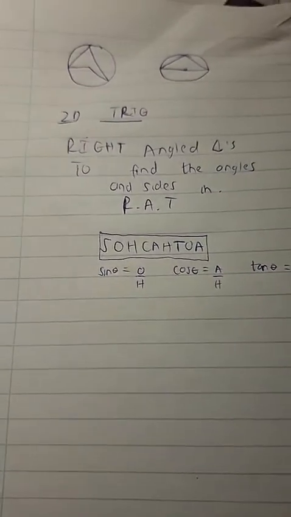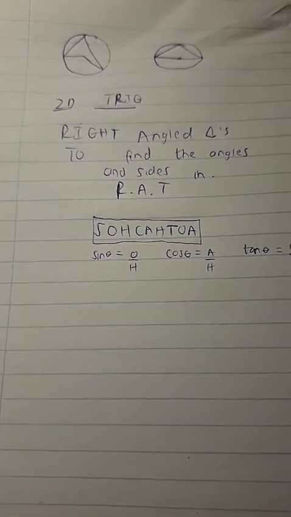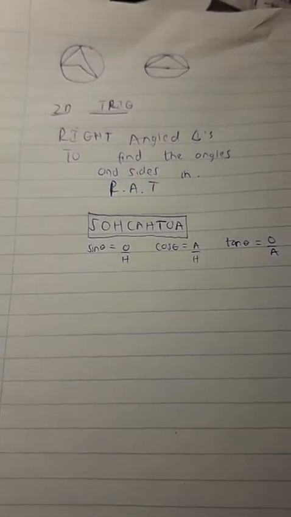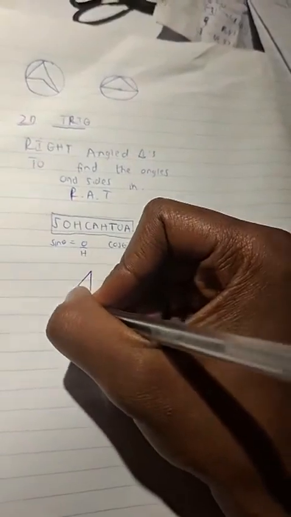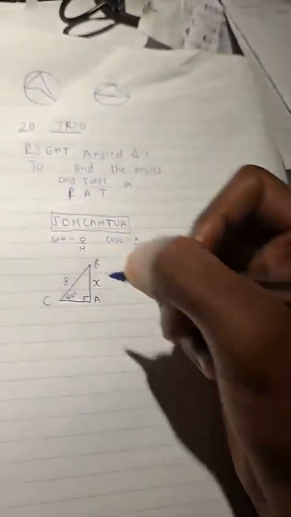Okay, so it's very easy, straightforward, that when you are given right angle triangles, like this one for instance, you can see that this is a right angle. Okay, this is triangle BAC. You are given that this is 40 degrees, that is 8, and that is x.